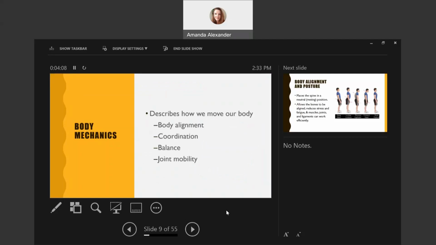Body mechanics are important. They describe how we move our body. Body alignment, coordination, balance, and joint mobility all take part in the mobility or immobility in a person's body. Body mechanics involves coordination between the musculoskeletal and nervous system and use of alignment, balance, and gravity or friction.